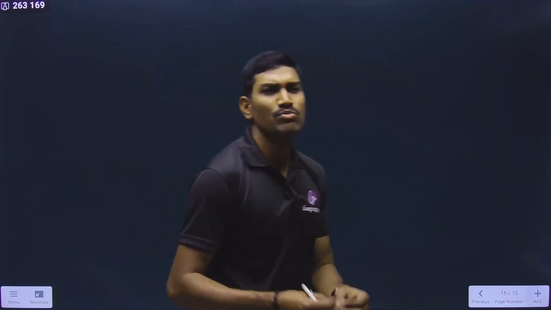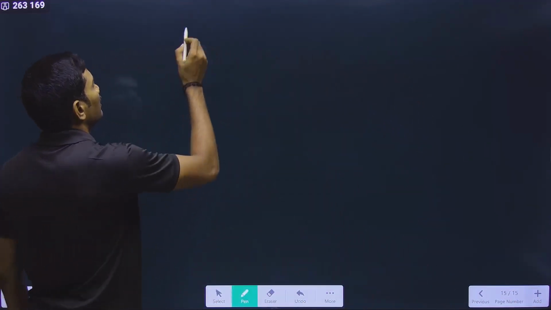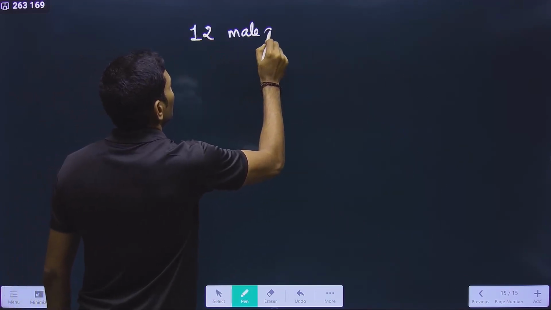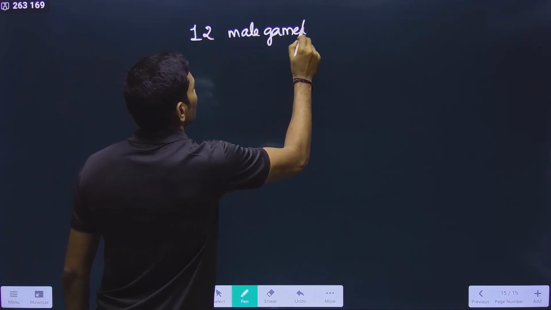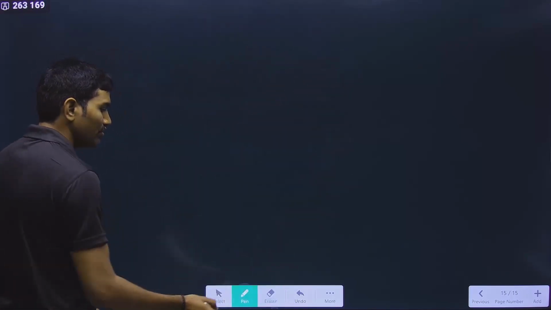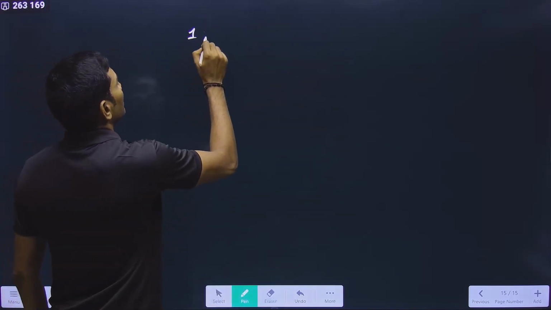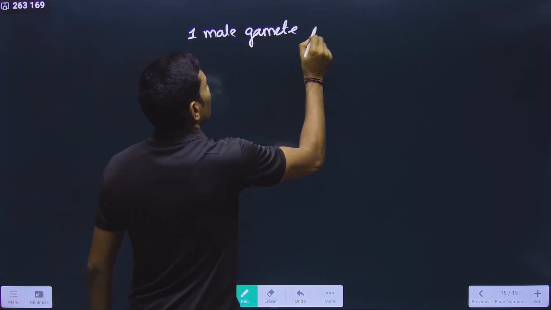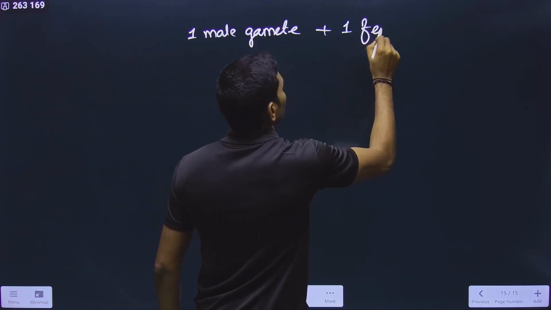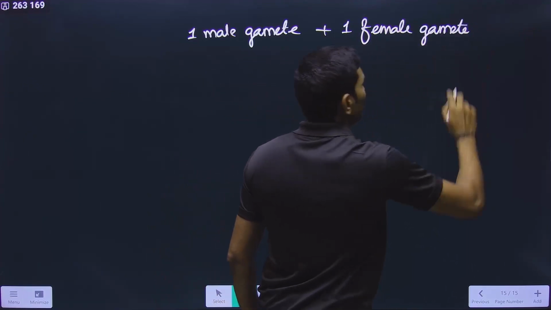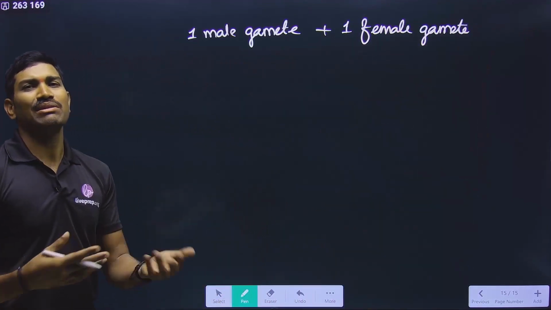Now we will see one small example. But first I will tell you the basic concept before directly going with the question, because you may be confused. See, one male gamete fuses with one female gamete. Please remember, I am simply using male gamete and female gamete.